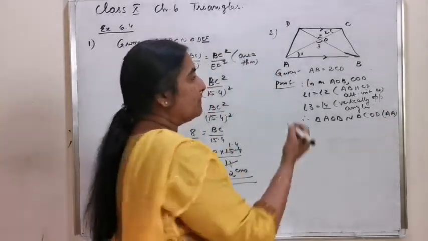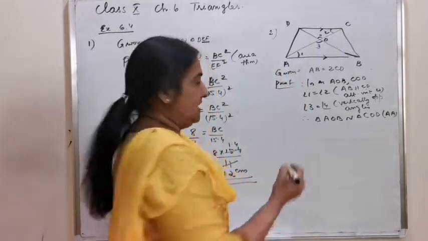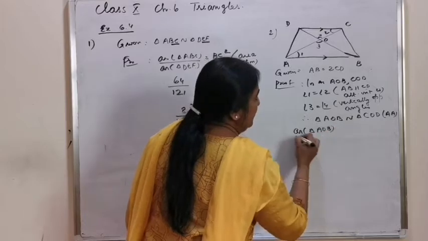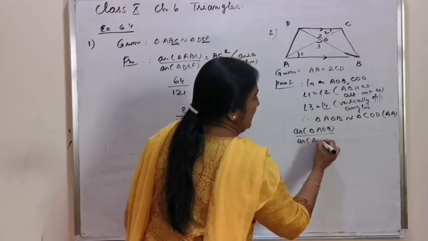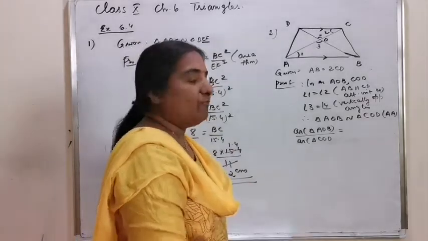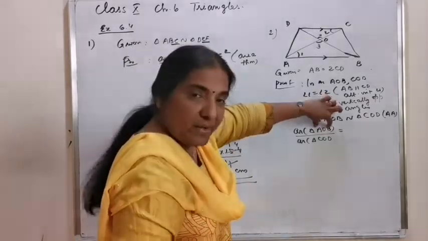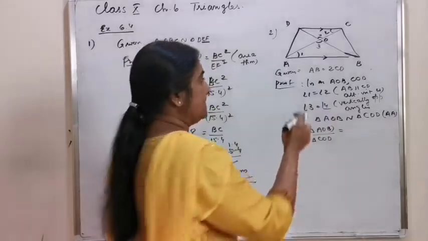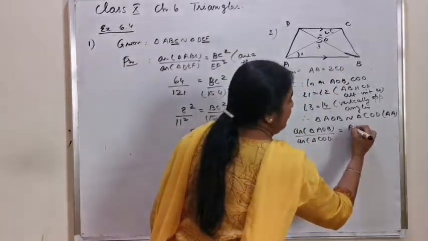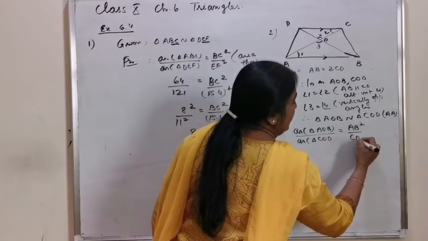So now you can apply the area theorem. Area of triangle AOB divided by area of triangle COD is the same as the ratio of the squares of corresponding sides. Here AB and CD are mentioned, so AB squared by CD squared.